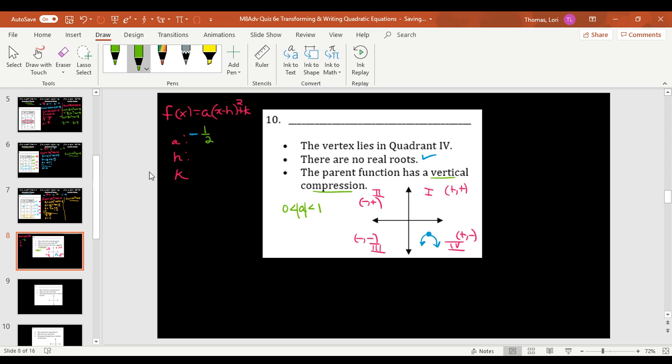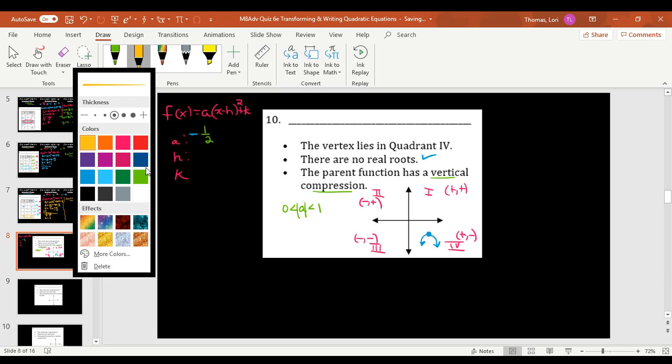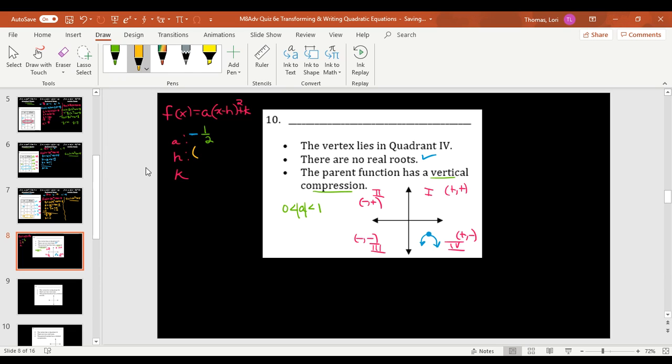Now, our h value and our k value, this is my vertex. So my vertex has to be positive, negative. So it has to be a positive and then a negative.